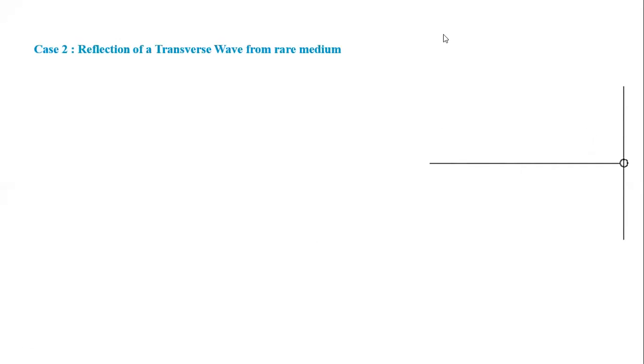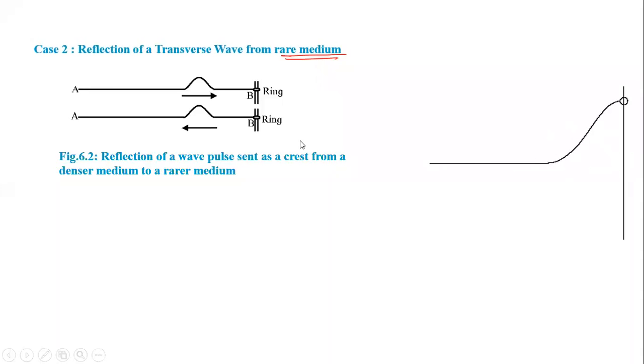Reflection of transverse wave from a rarer medium. Rarer medium means the medium whose density is less. Now you can see the picture. Here this is a rope and it is fixed to a support by a ring.